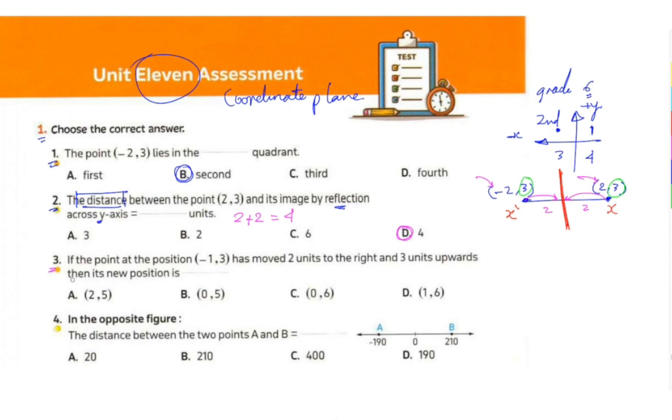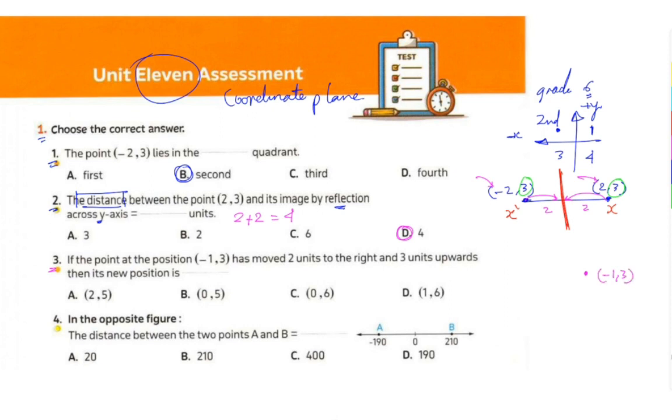Question 3, if the point at the position (-1, 3) has moved 2 units to the right and 3 units upwards, then its new position. So I have some point like this one. This point is (-1, 3).